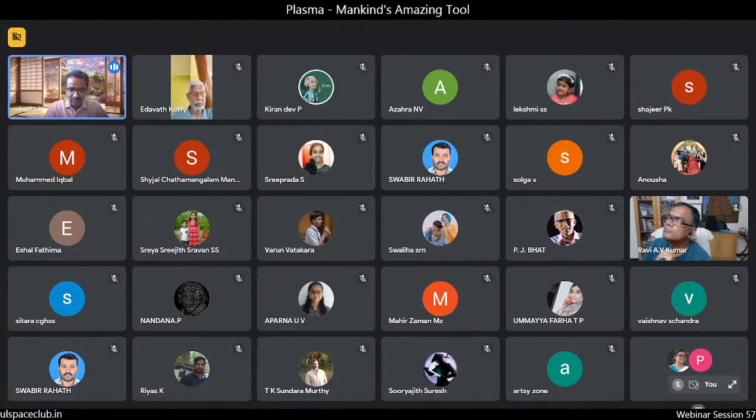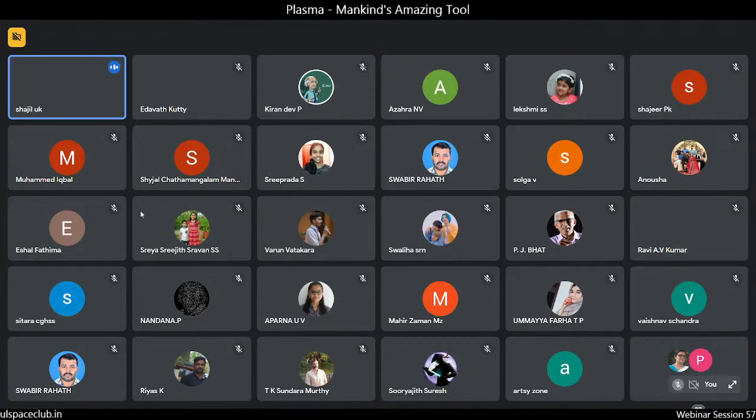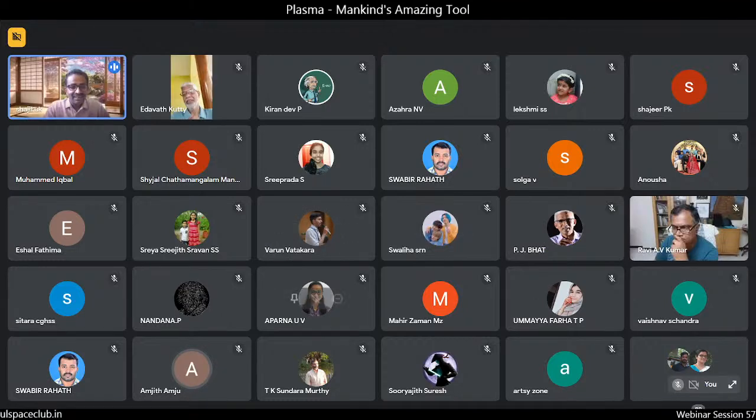I invite Dr. Ravi Kumar to this forum of the UL Space Club to deliver his speech. Before we start our session, the co-host is our Calicut Girls Higher Secondary School, and the principal of the school is presiding over this session, and I invite her to speak.